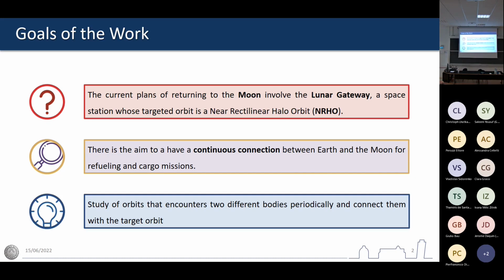And the idea of today is to use resonance orbits plus manifolds plus Lambert arcs to continuously connect a station that is orbiting in the proximity of the Moon and the Earth.